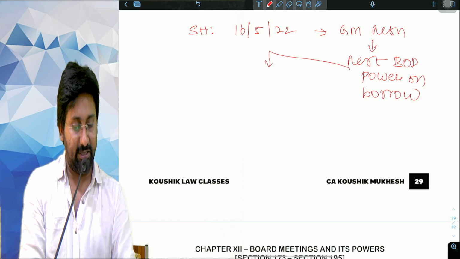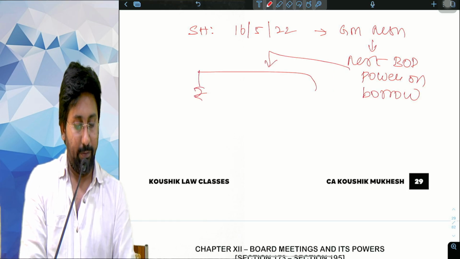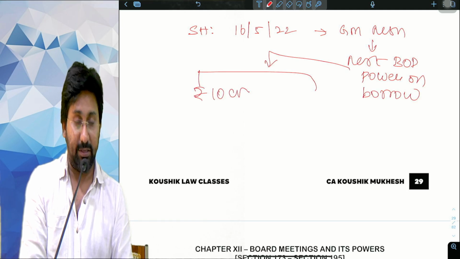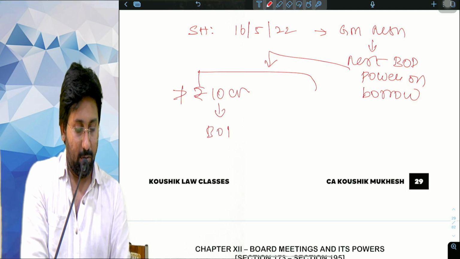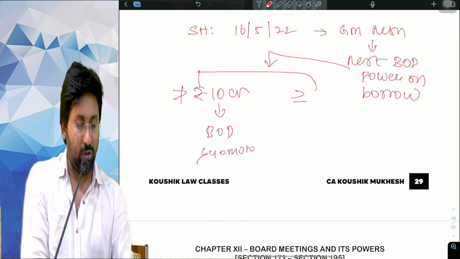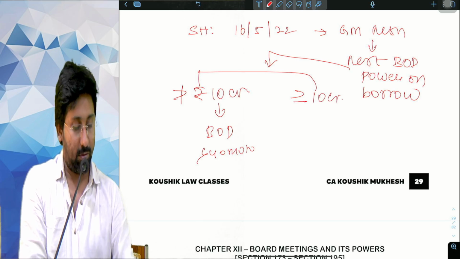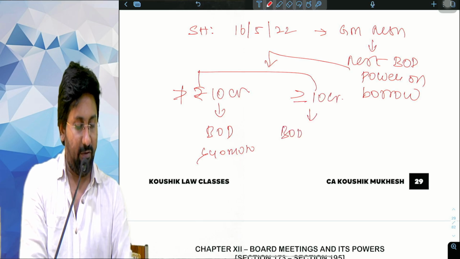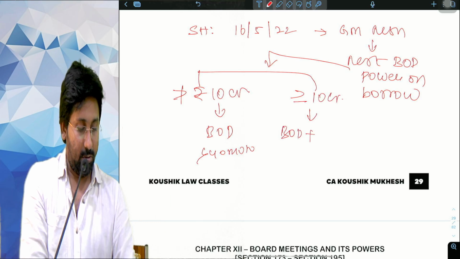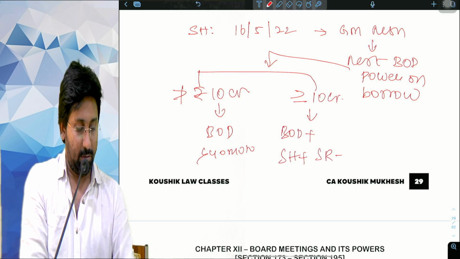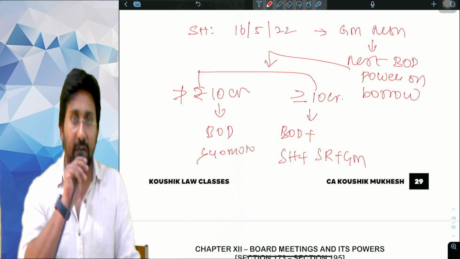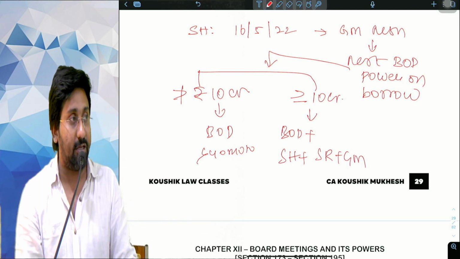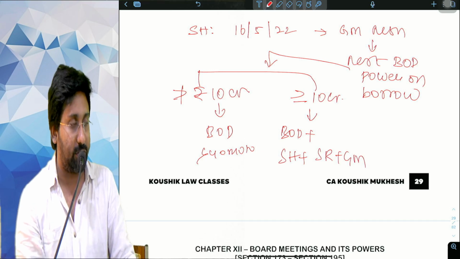What they said is: up to rupees 10 crore, not exceeding rupees 10 crore, the board of directors can borrow suo moto. For more than or equal to 10 crore, the board of directors only will borrow, but what is also required? Shareholders passing a special resolution in a general meeting is also required. This is the condition imposed.